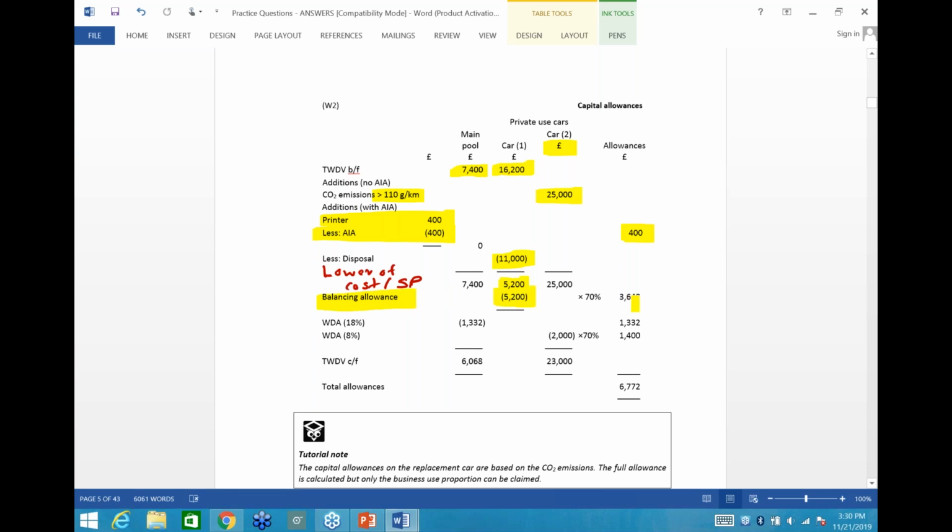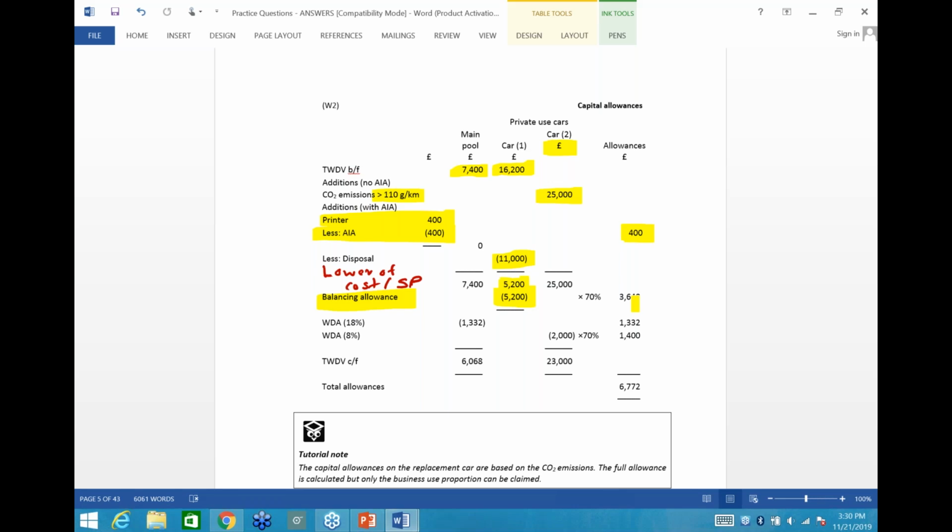The full amount you can claim as balancing allowance, but do not forget, this is a private use car by the owner. Normally, the full amount could have been claimed as balancing allowance. But in this instance, this car was used by Tony for his private purposes.